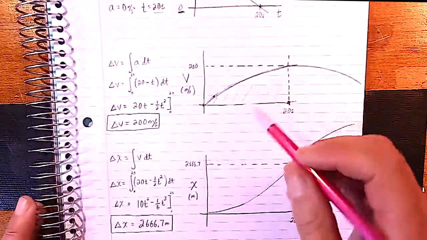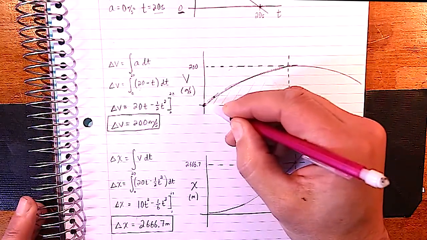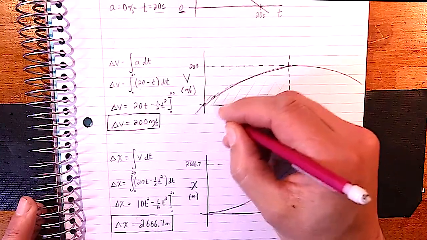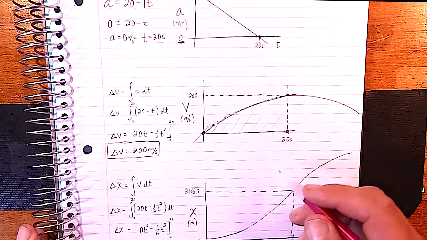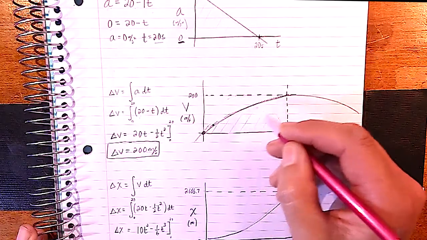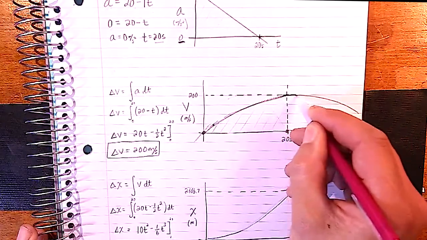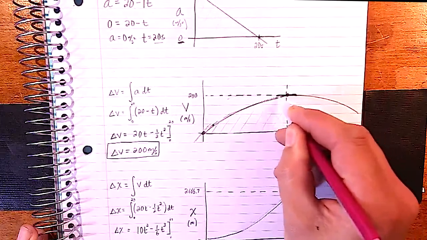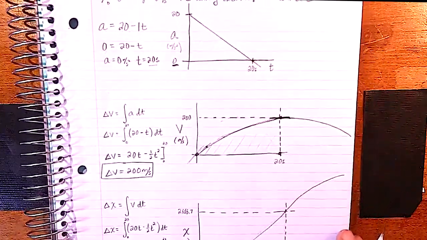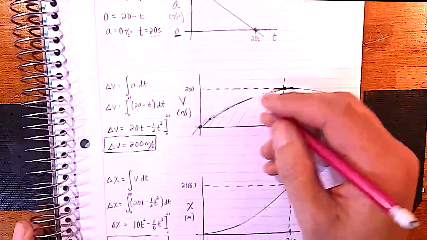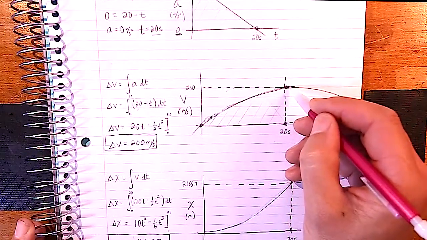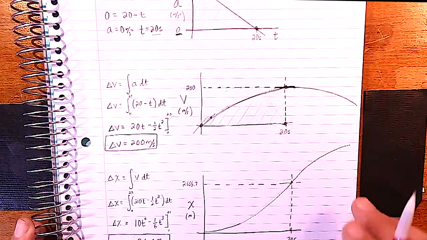So when we start out here, the slope of the velocity time graph is 20 meters per second. And every second that goes by, the slope decreases until the top, where the slope becomes 0. At 20 seconds, the acceleration is 0, so the slope of a velocity time graph is 0.